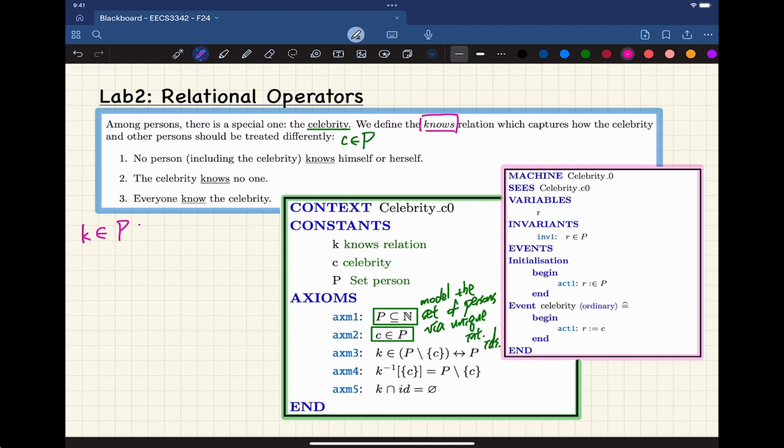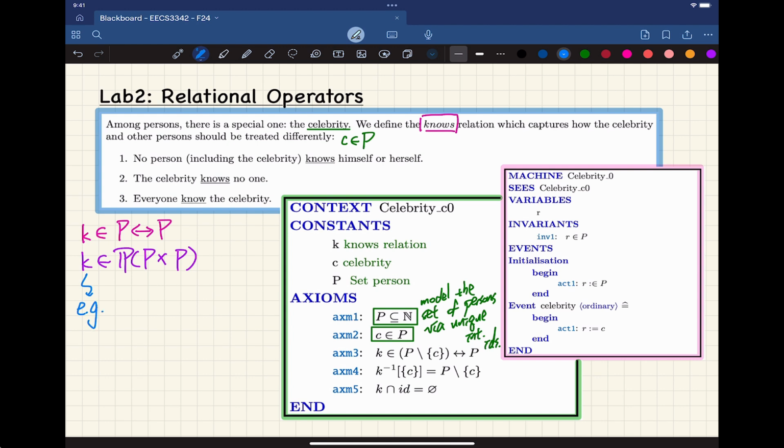Let's start with this. And we know very well from our lecture already, this is equivalent to saying K is a member of the power set of the cross product between P and P. Right? And one example, as you can see from the instruction over there.